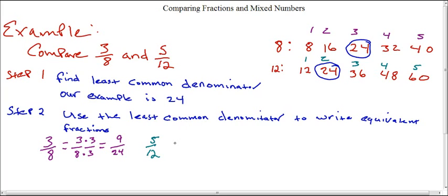So now we can say that this will be 5 over 12, and multiply both the denominator and numerator by 2, and that will give us 10 over 24.